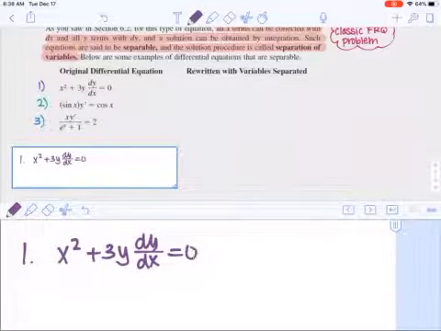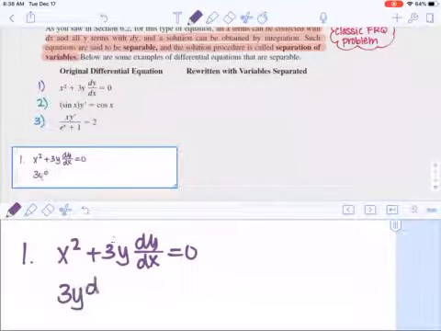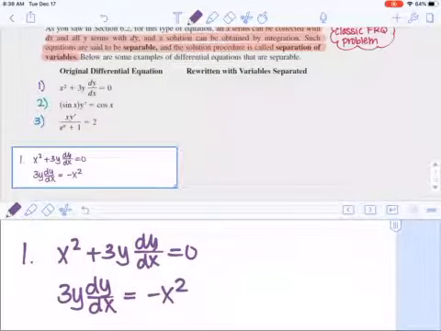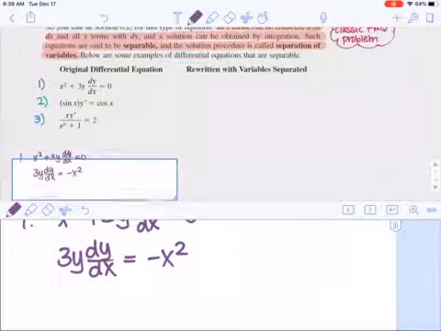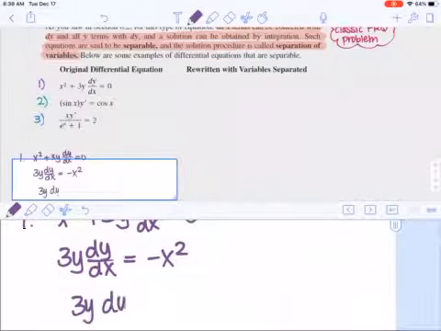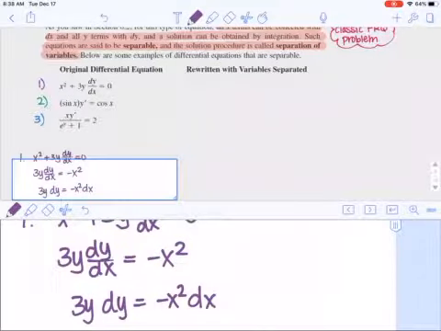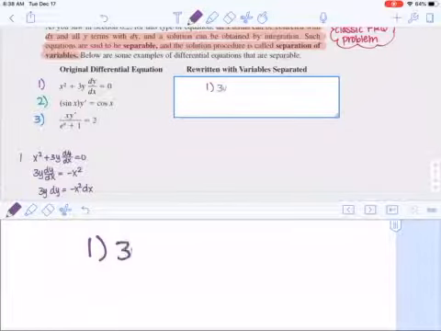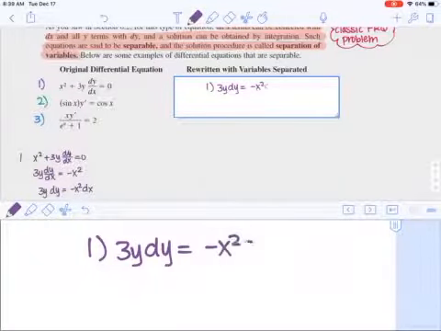All right, so I think it makes sense to move that x squared over first, and then go ahead and multiply both sides by dx. So I get 3y dy equals negative x squared dx. This is separable then, and I would be able to solve it using the separation process. Note, I'm not actually asking you to do it. I'm just getting you to practice the separation aspect.